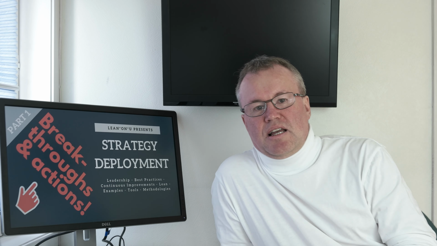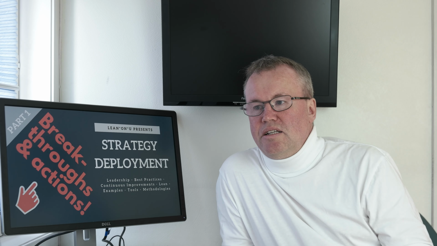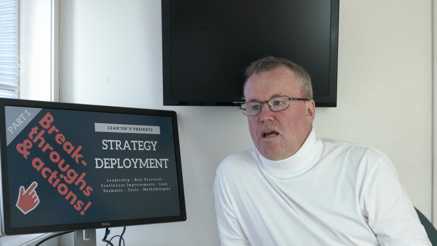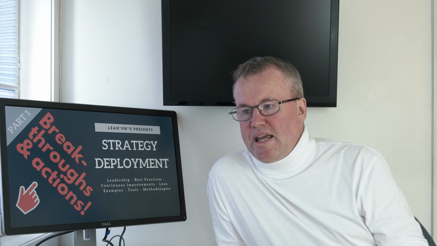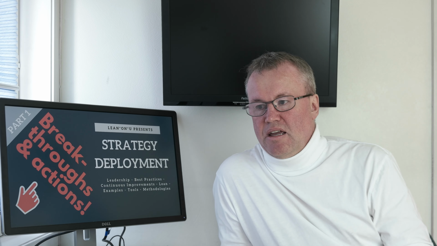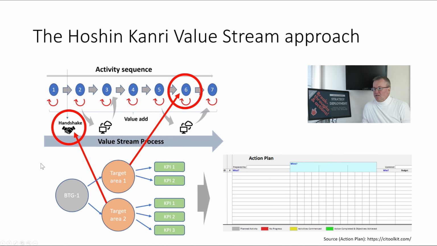Okay, just to illustrate this a little bit, I would like to show you how Hoshin-Kanri value stream approach can be obtained in one specific value stream. So in this slide, I have defined an activity sequence. It's the one we saw from earlier on with the 7 steps.